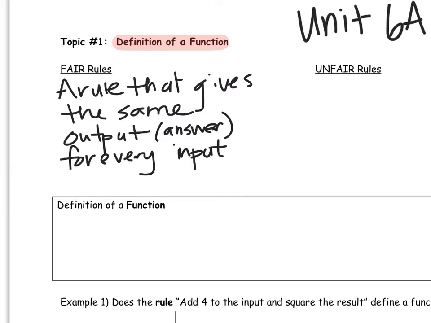One way that I like to think about a fair rule is that it is predictable, which means we should be able to predict what the output is.